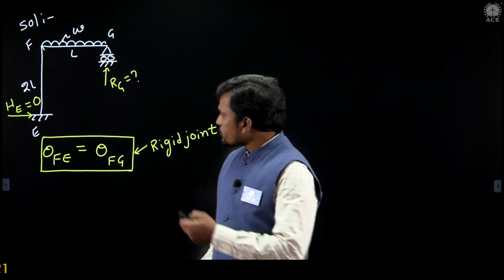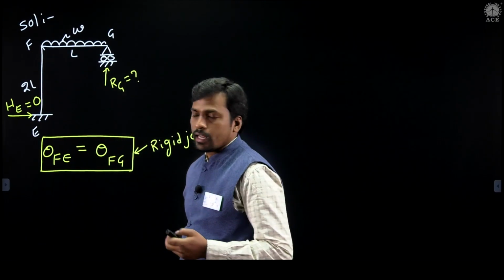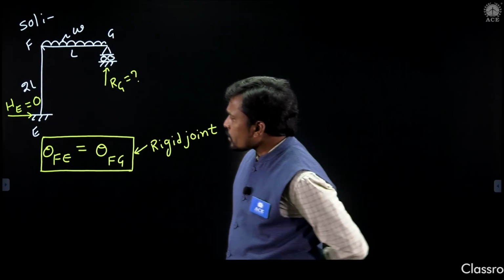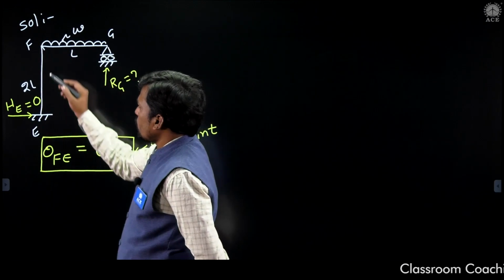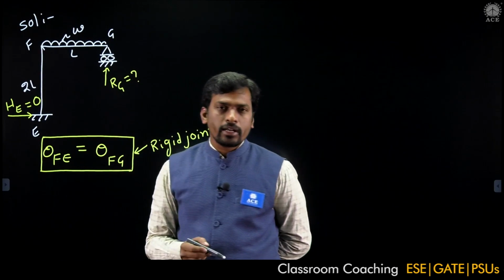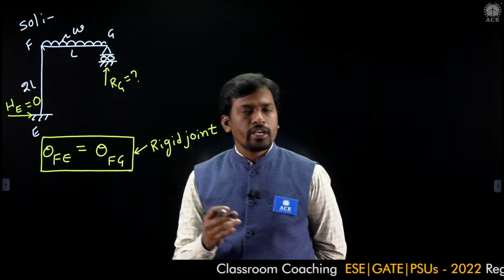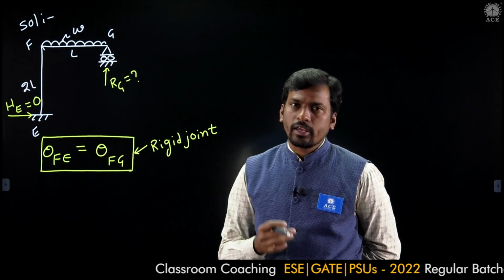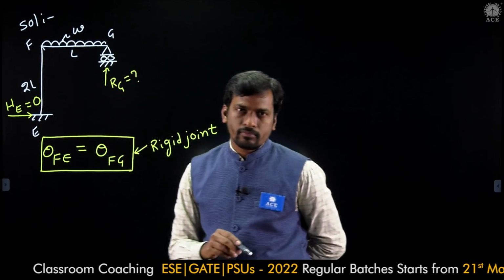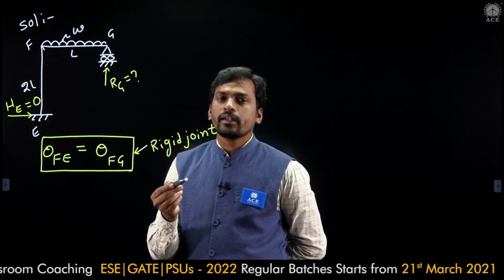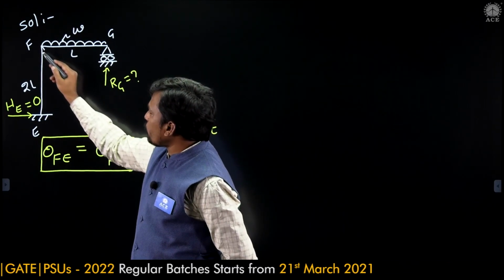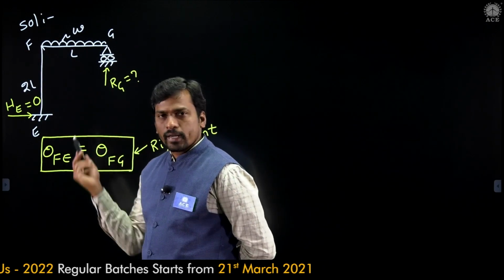But you have to find the vertical reaction at support G. So do one thing. A rigid joint can carry axial force, shear force and bending moment. I'll consider the moment at joint F as the redundant. After knowing the moment at joint F, we can easily find the vertical reaction.